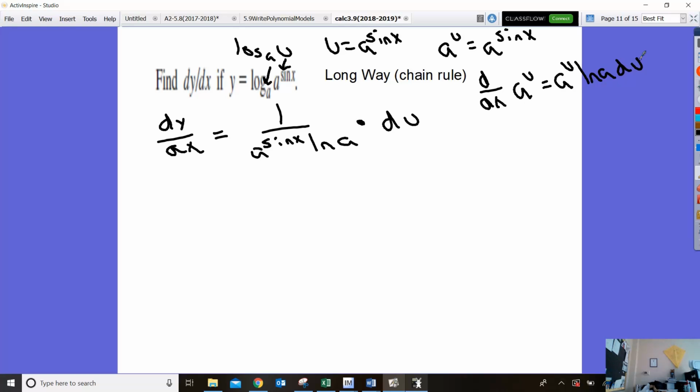All right, so this little piece right here, once you take its derivative with respect to x, is a to the sine of x, natural log of a, and then I have to take the derivative of sine. Cosine.